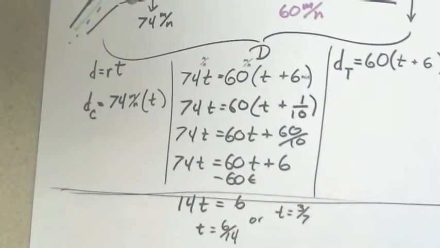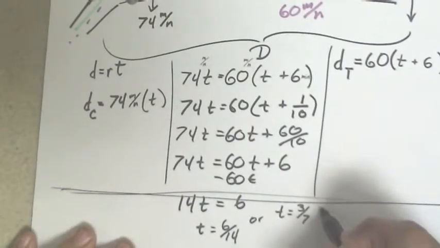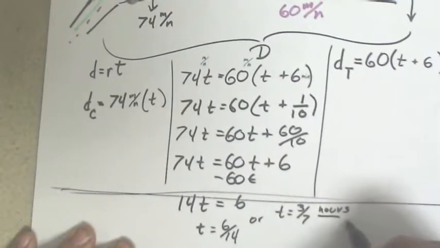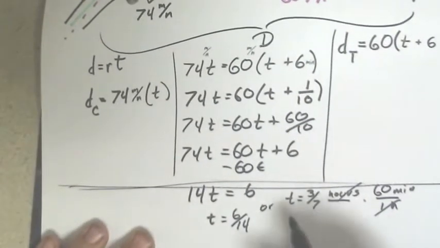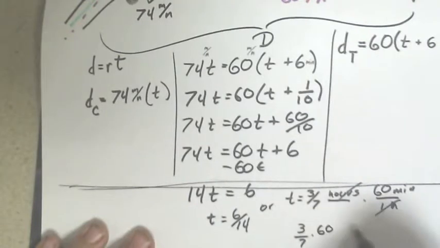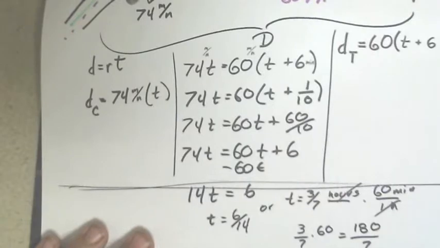But if we really want to know how many minutes it is, how do we turn hours into minutes? Well, we want to get rid of hours and put in minutes. Well, there are 60 minutes in 1 hour. So to get the hours to cancel, a little dimensional analysis review for us. But the short version is multiply 3/7 by 60. So 180 divided by 7.